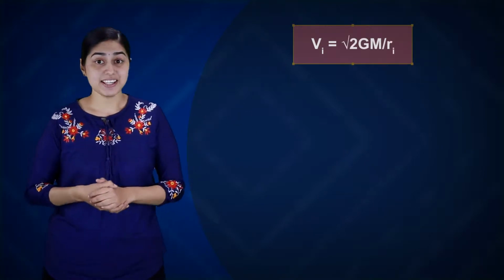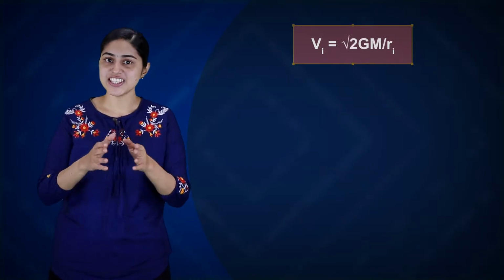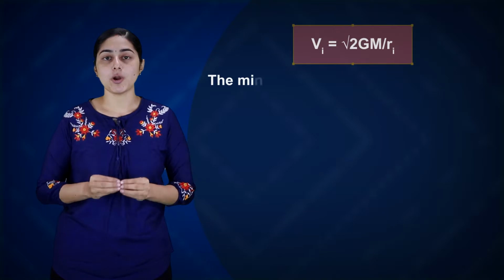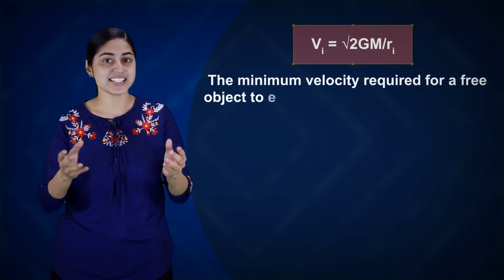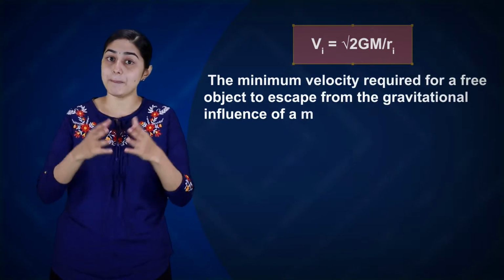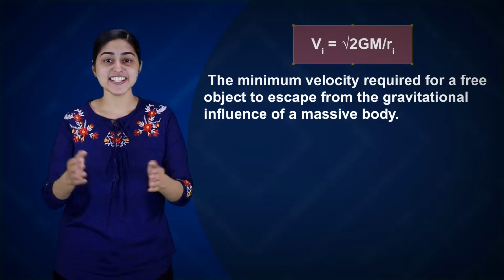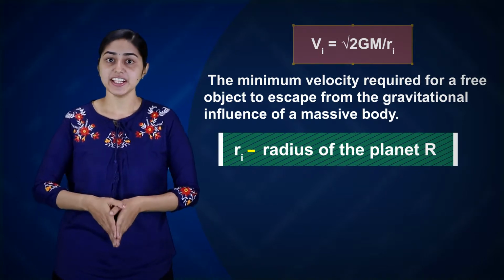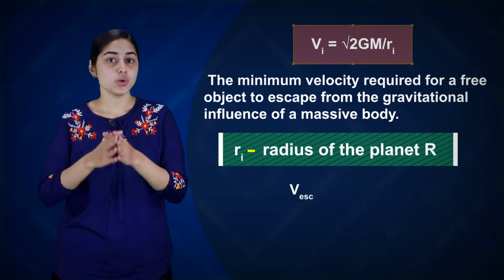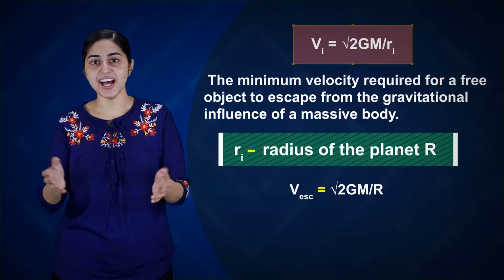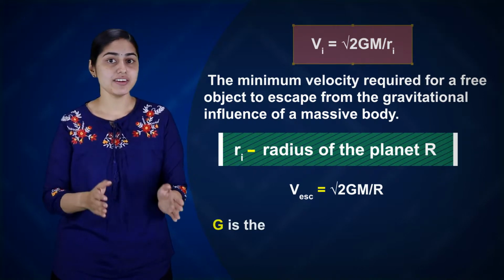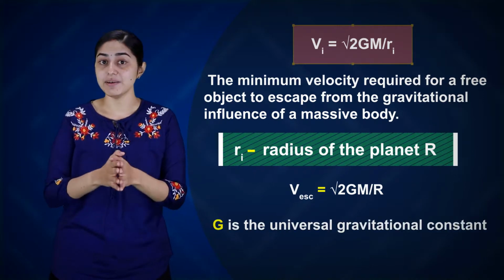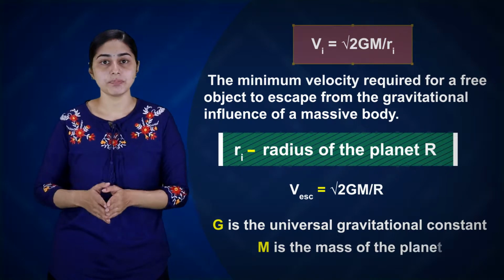This Vi is nothing but the escape velocity, which is defined as the minimum velocity for a free object to escape from the gravitational influence of a massive body. So if we consider the distance Ri to be equal to the radius of the planet, then we get V escape is equal to square root of 2GM by r, where G is the universal gravitational constant and M is nothing but the mass of the planet.